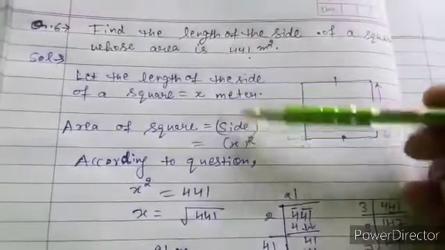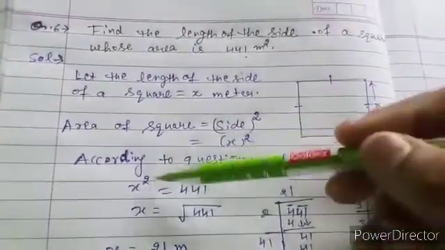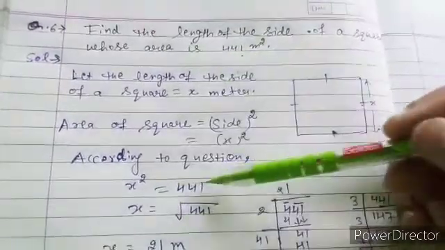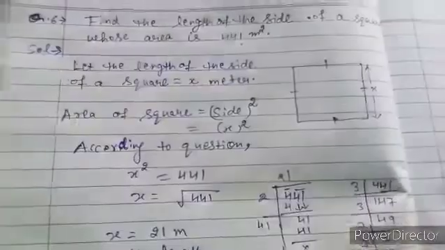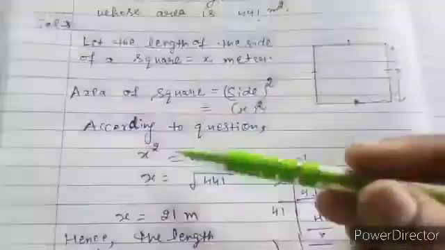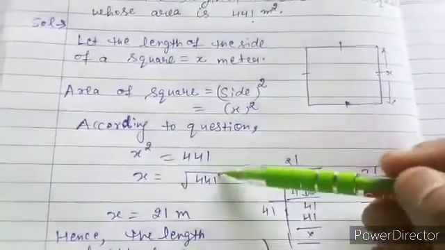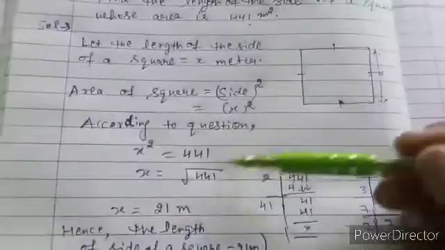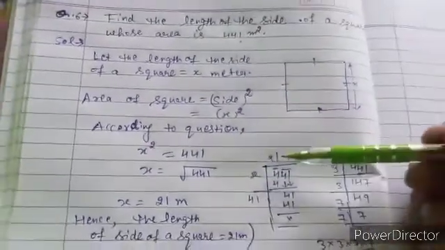So side we considered as x, so x square is the area of the square and it is given as 441. So x will be the square root of 441, because this square will shift to the right hand side and change into a square root. Now the square root of 441 you can find by two methods.